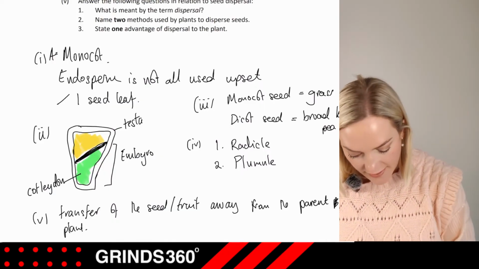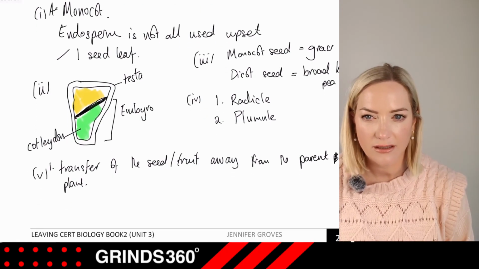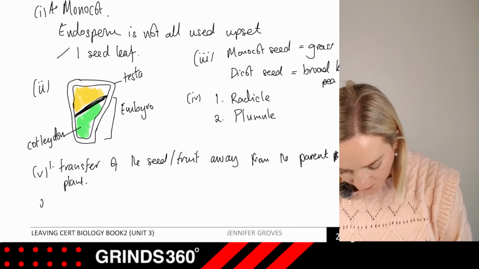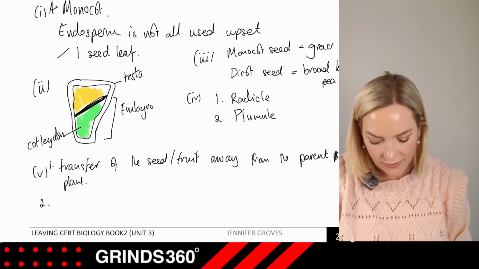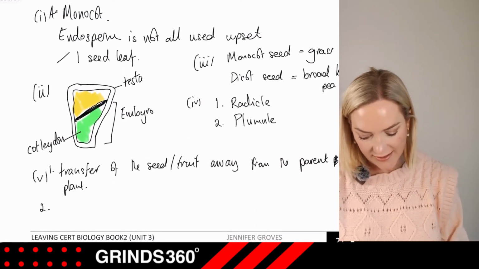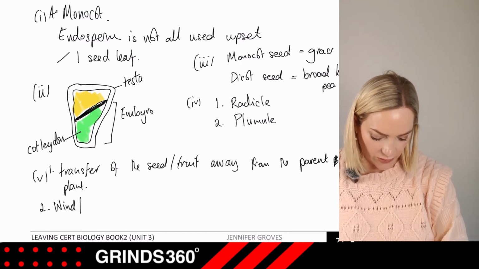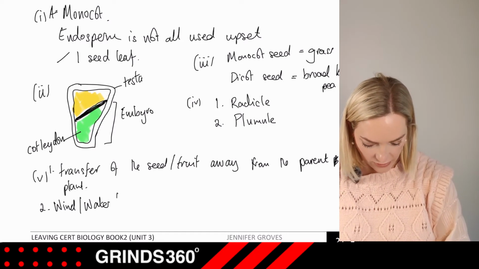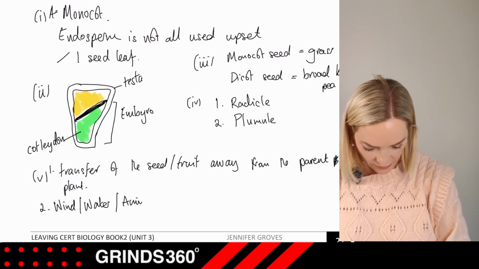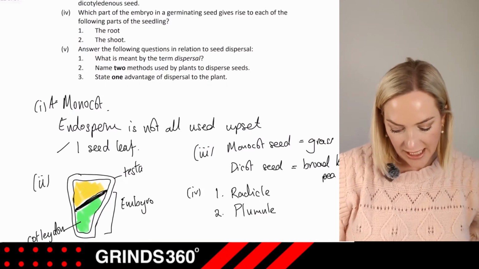Name 2 methods. Sorry, that's part 1. Part 2. Let me go back up. Name 2 methods used by plants to disperse seeds. So we know of 4. So we could say wind or water or animal or self. That's all it's asking, is to name 2.